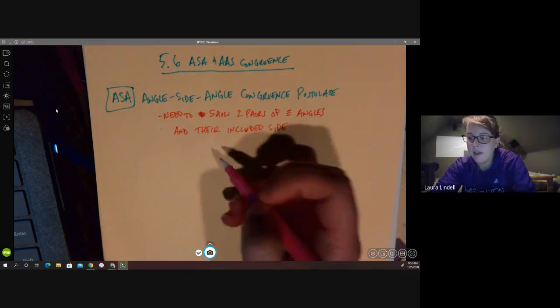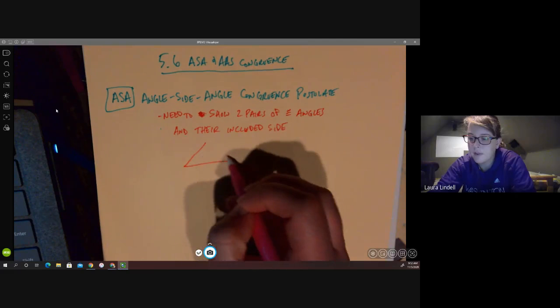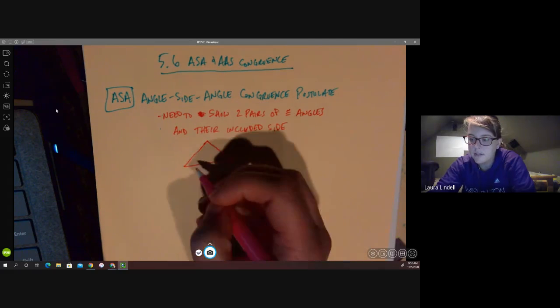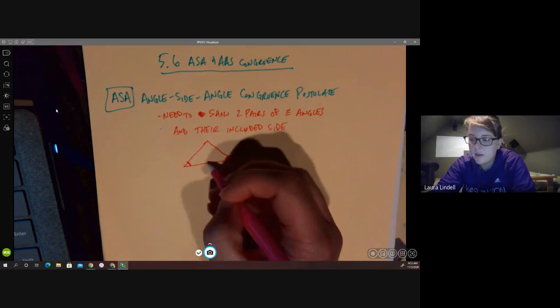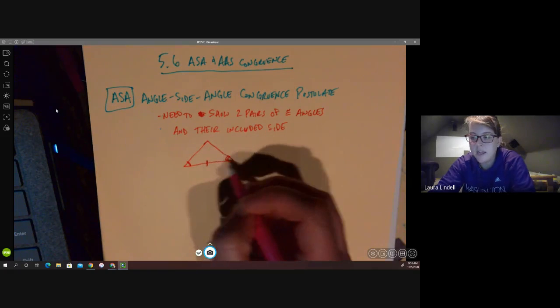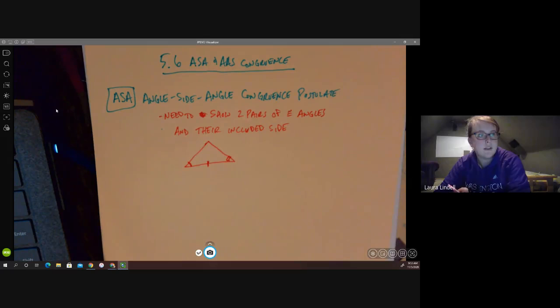So in order to have angle, side, angle, I've got a triangle like this, and I know something about these two angles. It needs to be the included side, so the side that's in between the two angles.